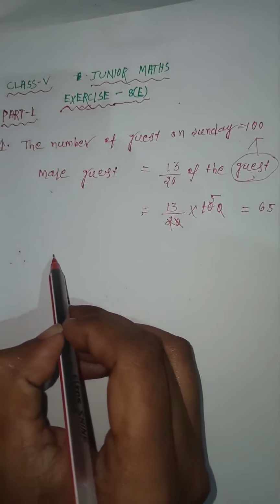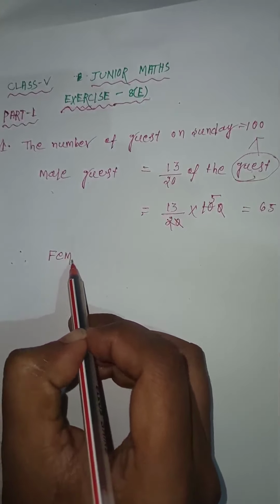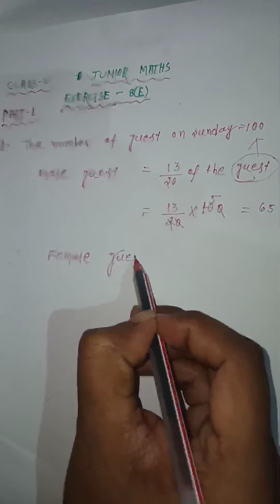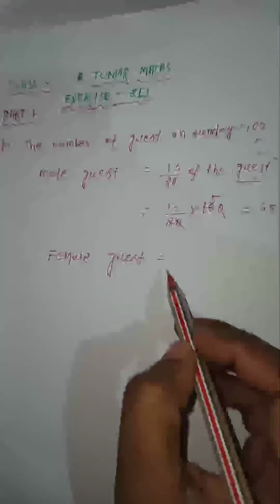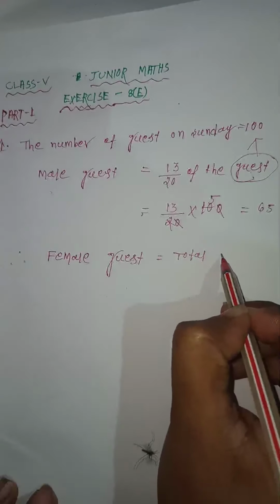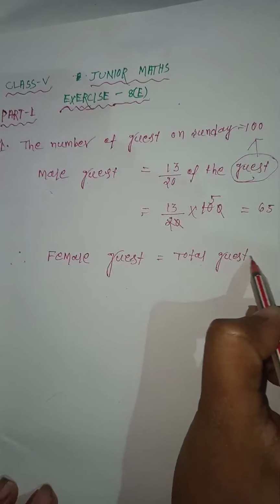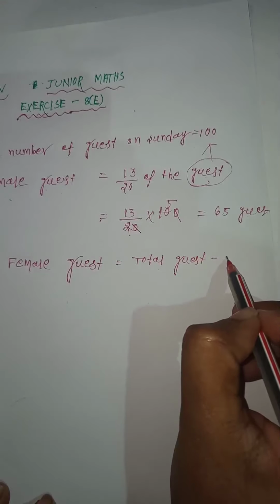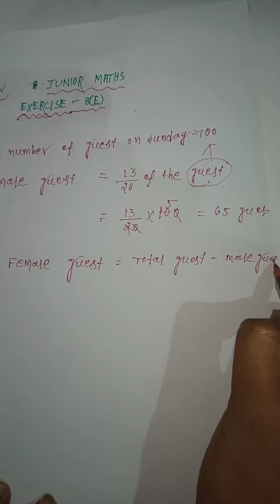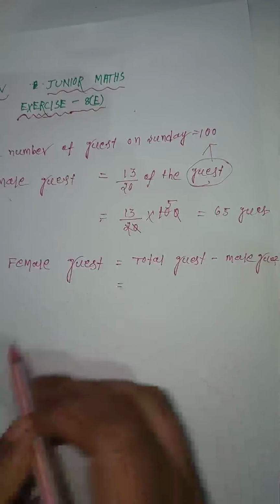So female guest is equal to total number of guests minus male guests, then we will get the total number of female guests.